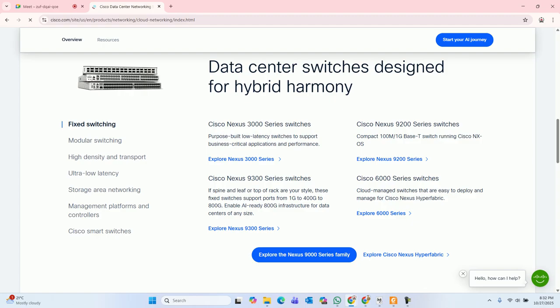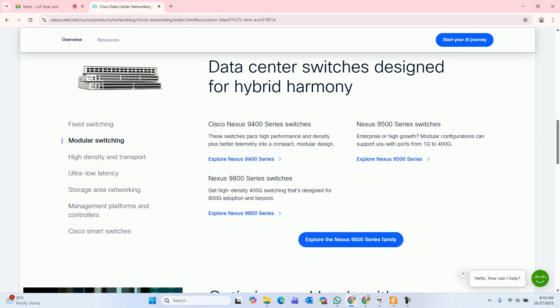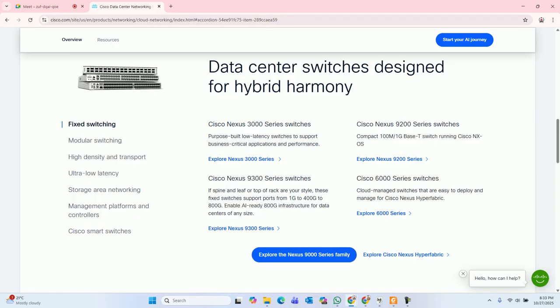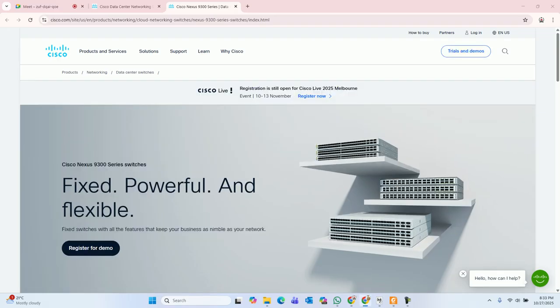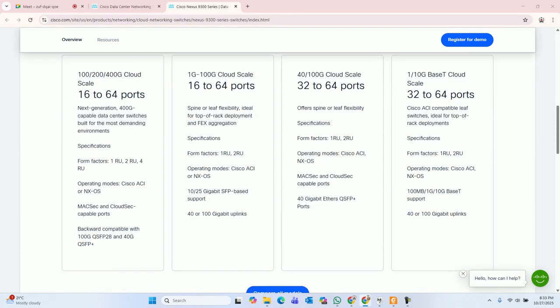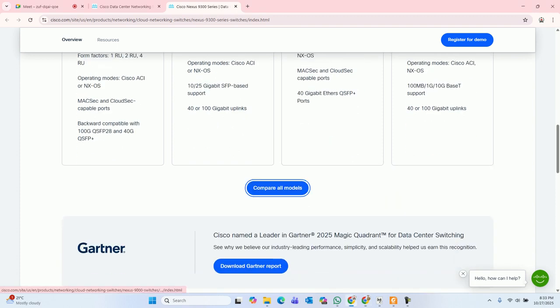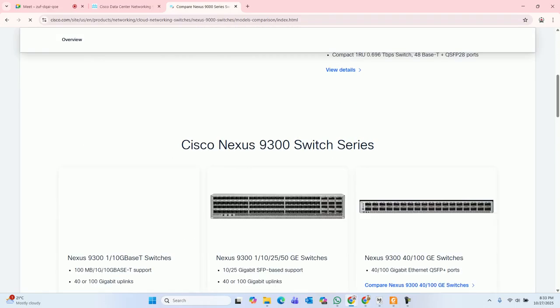Here we see the switches, 3000, 9200, 9300, then 9500 series switches, fixed switches and modular switches. In case of fixed switches, we have the 9300 series. So in 9300 series, you can explore this and compare all models.